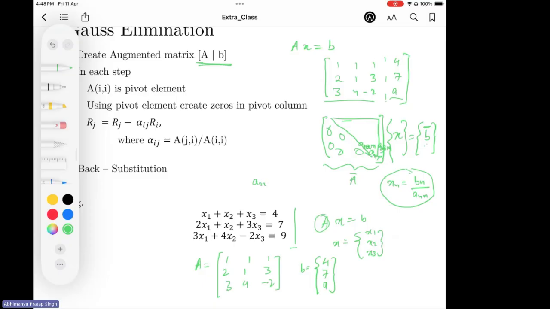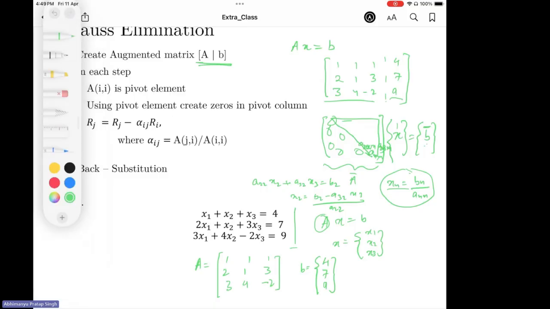So A22 times x2 plus A23 times x3 is equal to B2. Now we already know x3, so we can simply do x2 equal to B2 minus A23 x3, divided by A22. We can continue doing this until we get to the first term of the x vector. That is basically Gauss elimination.